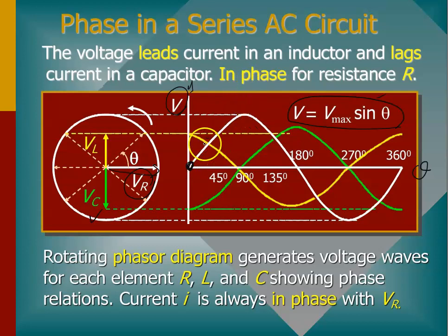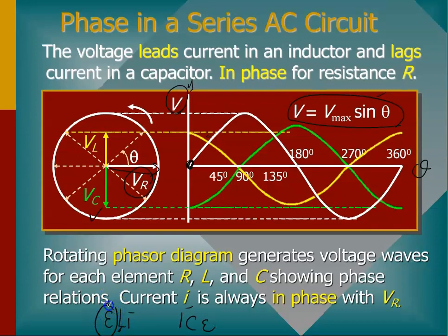But then when you see the yellow line over here, which is the value of V for inductor, refer back again to ELI the ICEman. In inductor, the value of EMF is leading 90 degrees to the current.